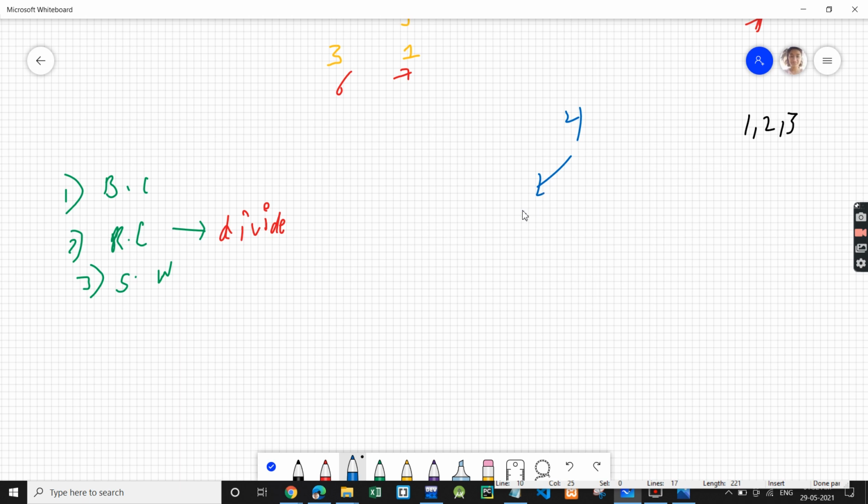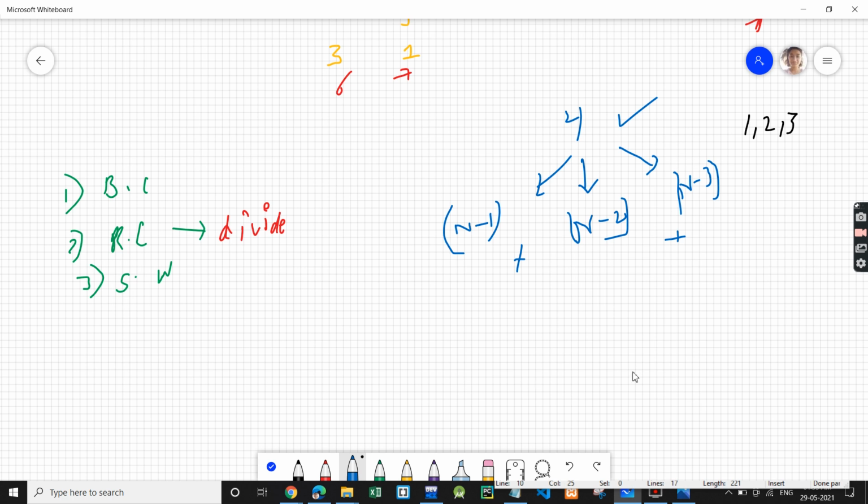If we know how many ways there are to reach the n minus 1th stair, and how many ways there are to reach the n minus 2th stair, and how many ways there are to reach the n minus 3rd stair, then we can add all these and it will give us the number of ways required to reach the nth stair.